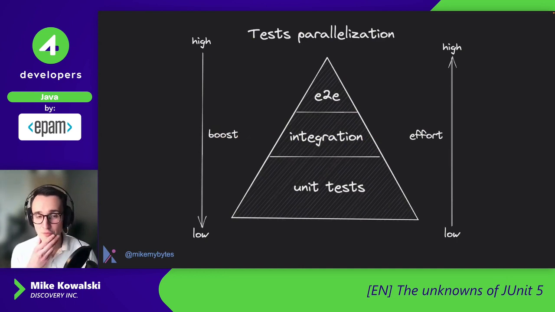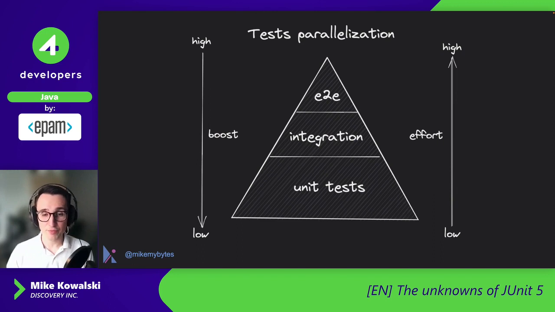Take a look at my test parallelization pyramid. Those standard three levels of testing differ in terms of the required effort and the expected performance boost. Starting from the bottom, the unit tests are the easiest to parallelize because they're really independent from each other.